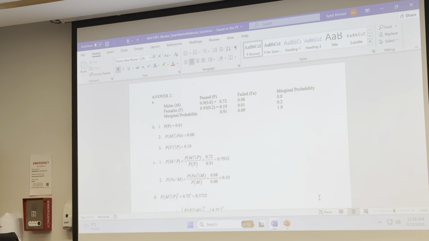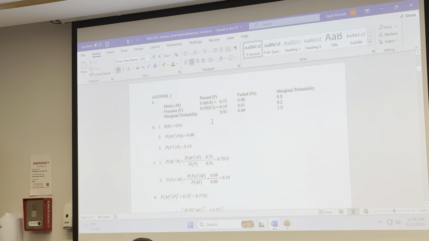Now part C. What is the probability that if a student passes, the student is a male? Can you tell me what kind of probability this is? You know that the person has passed the course. What's the probability that this person is a male? The probability of passing the course is 91%.